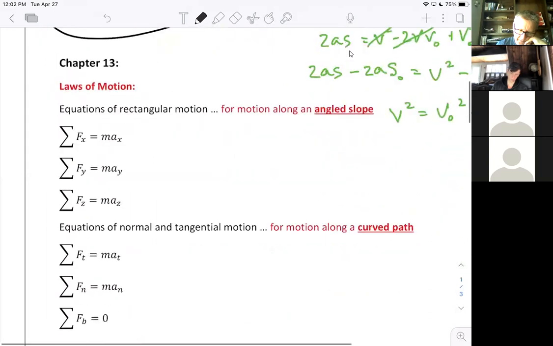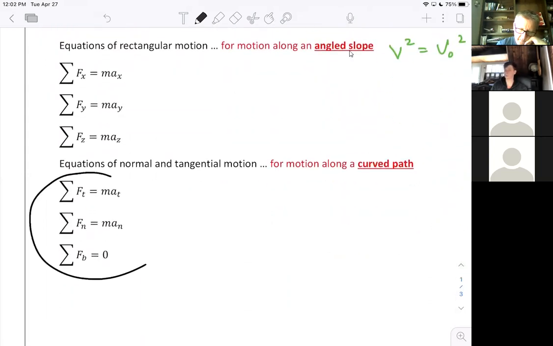Or perhaps this, right? So there's tangential acceleration, so I'm going to need that formula. The sum of the tangent forces and mass will give me the acceleration tangent. I'm going to need that one.